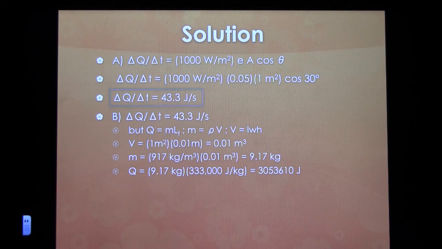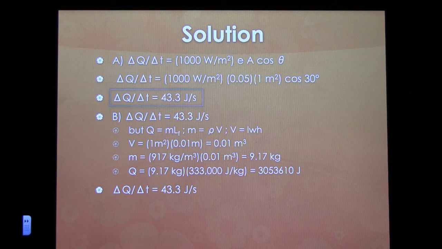Q is equal to mass times the latent heat of fusion. Mass we just found, 9.17 kilograms, and the latent heat of fusion is 333,000 joules per kilogram. So, multiplying the two, we get Q to be 3,053,610 joules.